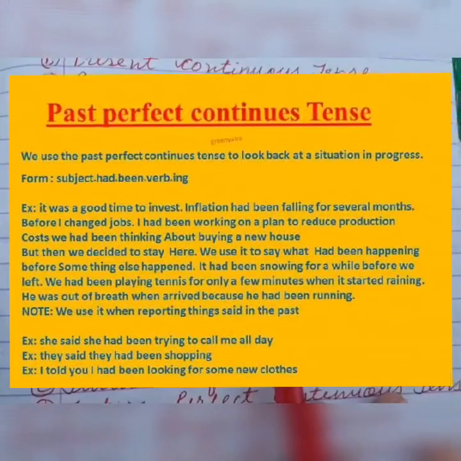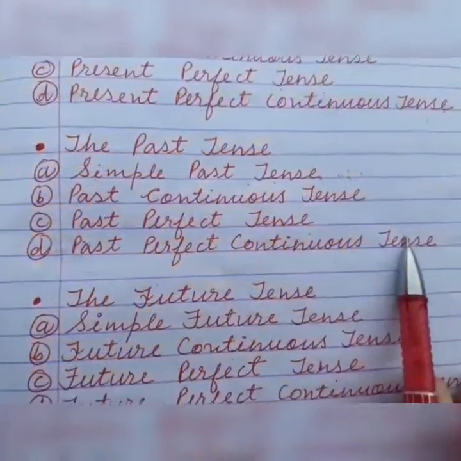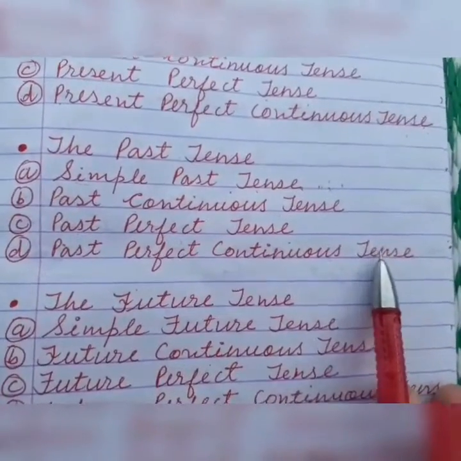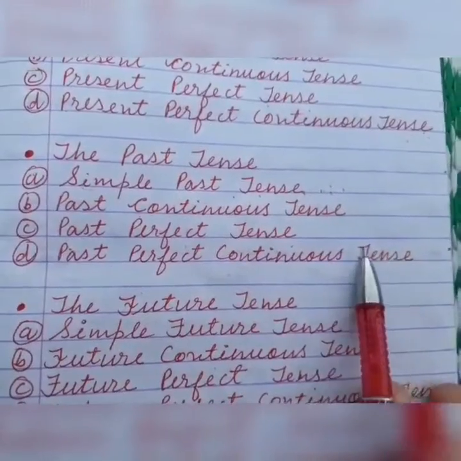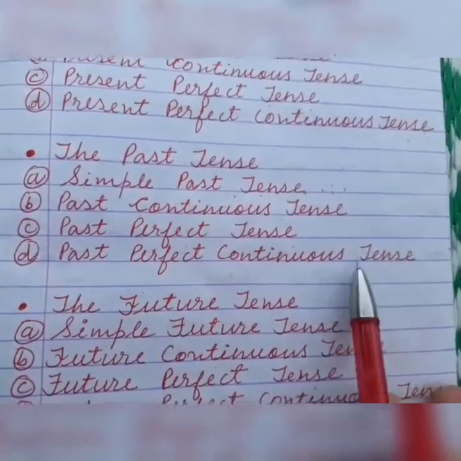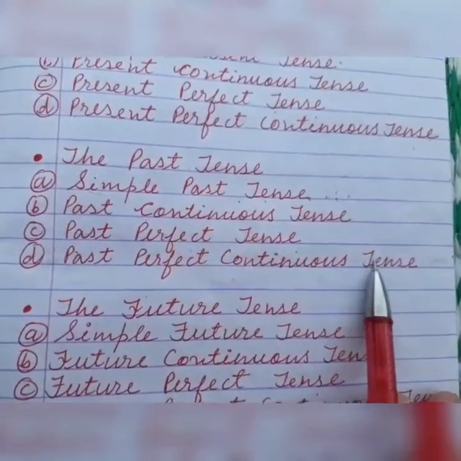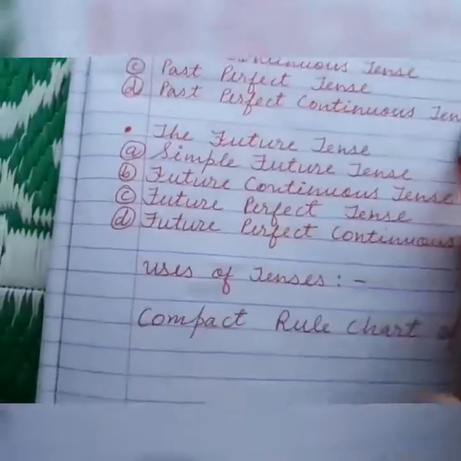Work was in progress in past time with a given time. And you should also remember here that for duration of time you use for, as for 2 hours, for 2 days. And for point of time you should use since, as since morning, since noon, since 1920, whatever.